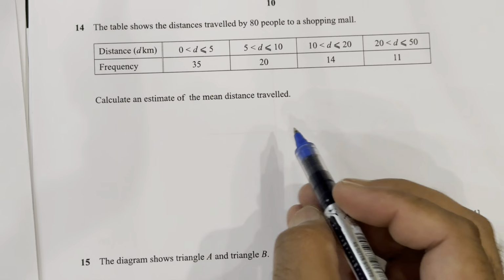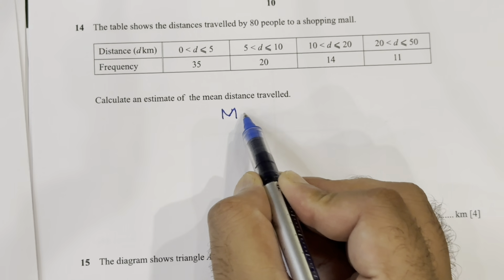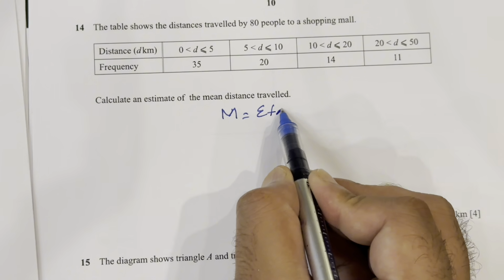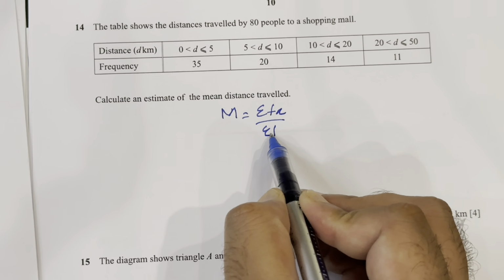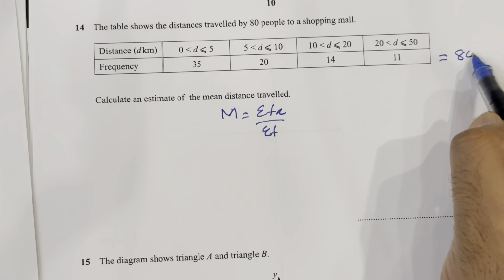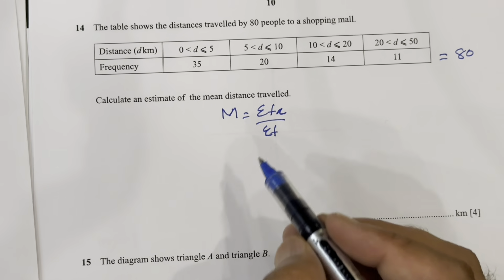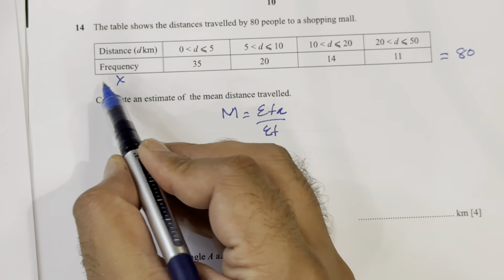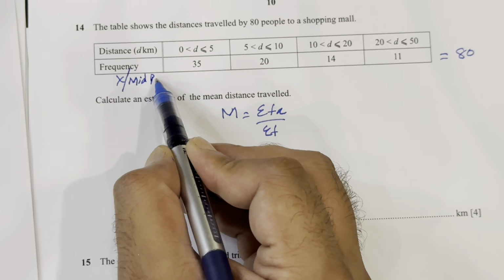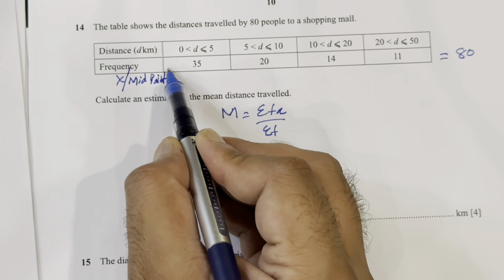First you need to know the formula for the mean: summation of fx over summation of f. The total value of f is given in the question, that is equal to 80. We need to calculate x. What is x? X is actually the midpoint, the midpoint of the class interval.